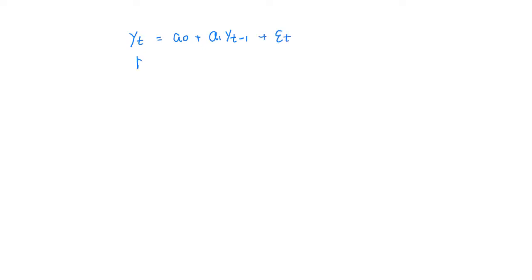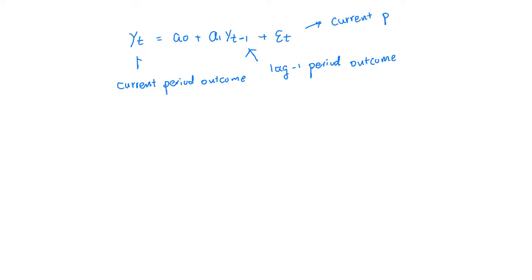Right, so this is the current period outcome, and this one is the one period lagged outcome, and this is the current period shock.